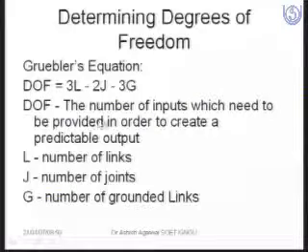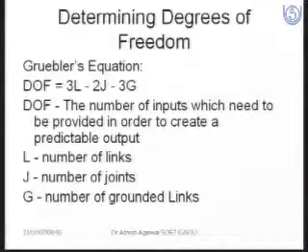Now another important thing is how to determine the degree of freedom. Before going into detail for determining the degree of freedom, first we will see what the degree of freedom is. Degree of freedom basically tells you in how many directions a particular link is free to move.